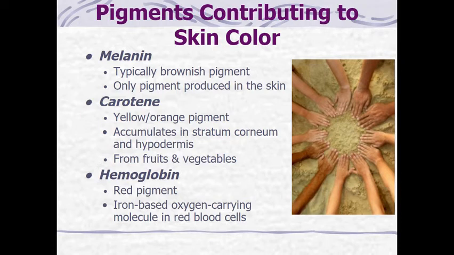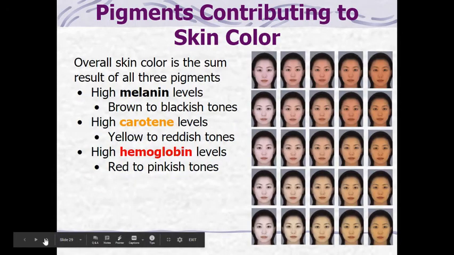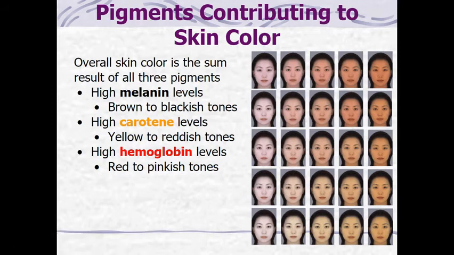If you have more melanin, that melanin's actually going to mask a lot of that redness. And so true skin color is determined by all three of these pigments interacting together at the same time. So overall skin color is the sum result of all three pigments.